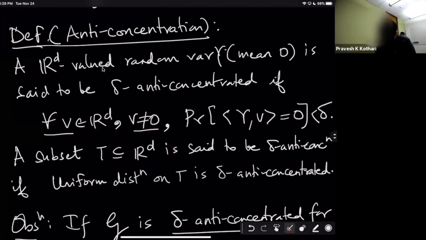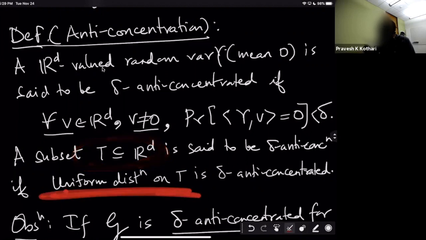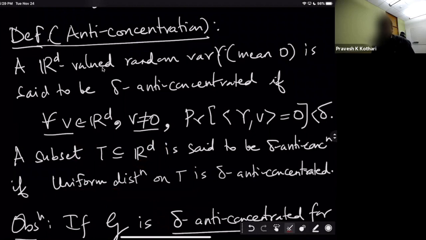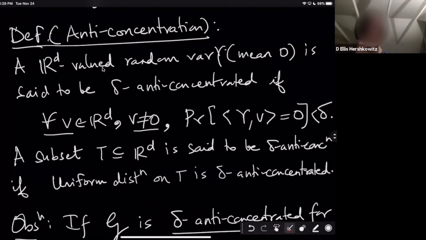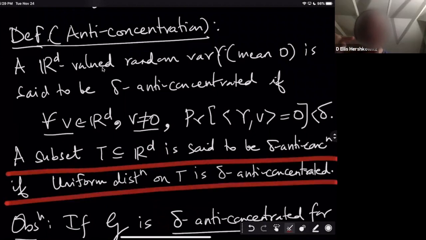Well, I'm going to call a subset anti-concentrated if the uniform distribution on T is delta anti-concentrated. Notice that even though the definition is talking about a certain random variable, namely the uniform random variable on T, this property itself is a completely deterministic property of the set T. There is nothing probabilistic about it. Alice, does it make sense? Yeah, this part is fine for me.